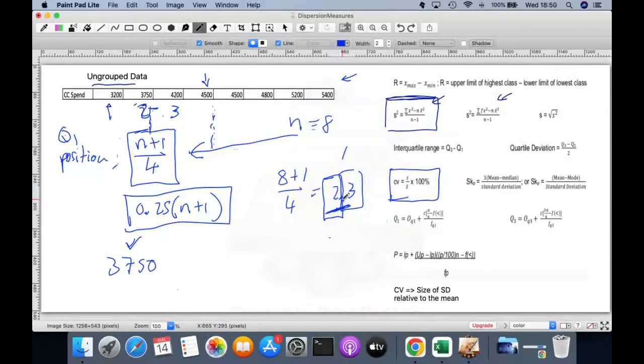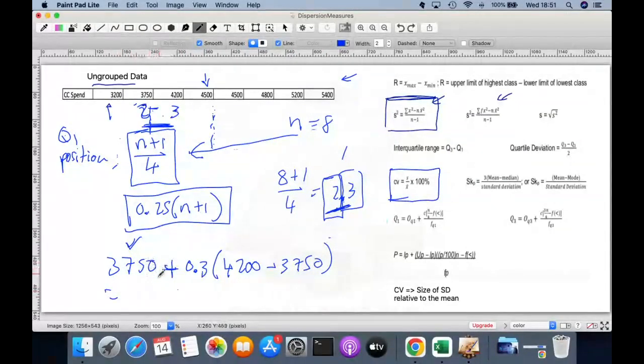But we got a value of 2.25, which is telling us it's not exactly the second number, it's 2 and a bit. And the bit is the decimal part. How we use it is we take the second number and add the decimal multiplied by the difference between the third and the second number, that is 4,200 minus 3750.